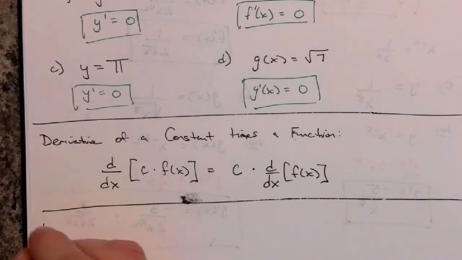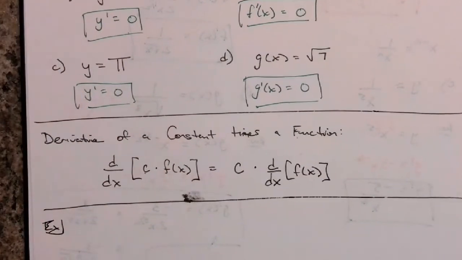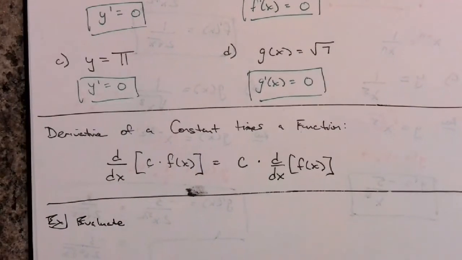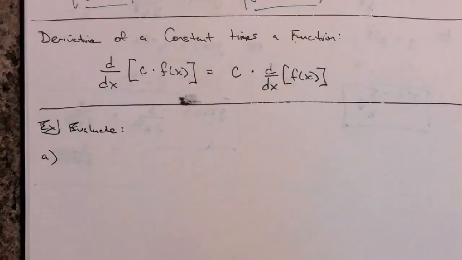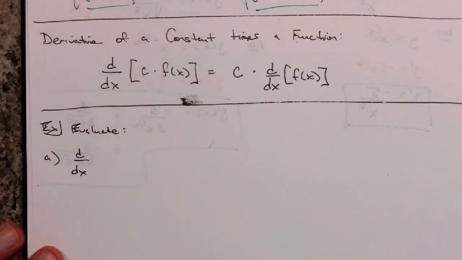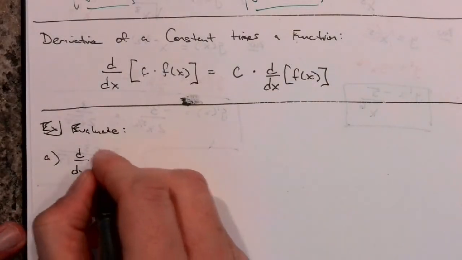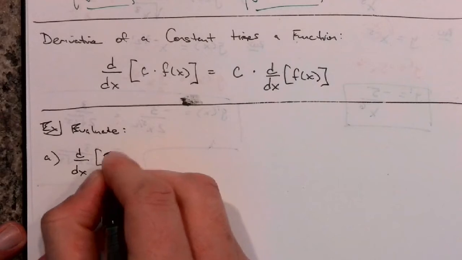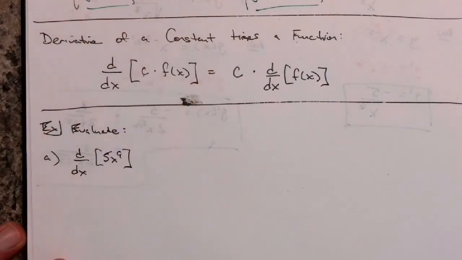If I said to evaluate, and the first one I'll say is d over dx of 5x to the 9th.